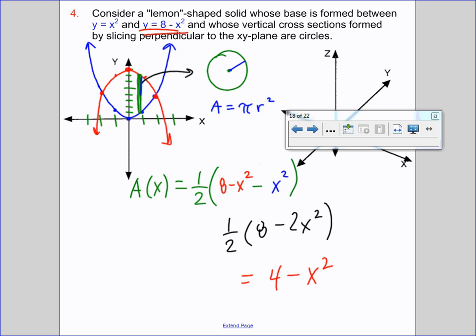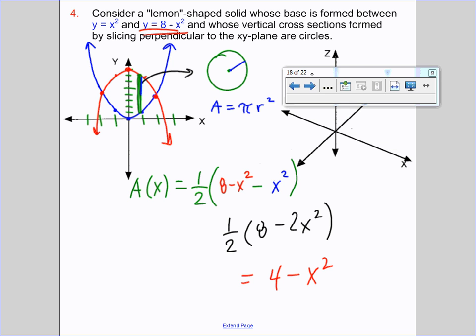Yes, we need pi r squared. So squared is here, and we need a pi. So let's try this again. Ready? Pi r squared.